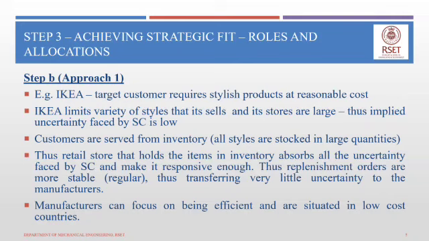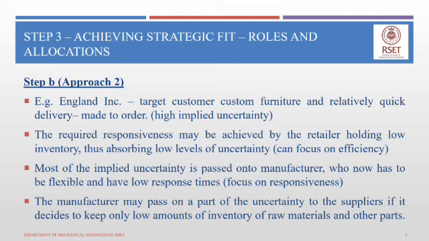Okay, so we'll look at another example of how to achieve the required level of responsiveness. That is, we'll talk about another approach, called approach 2, used by another company. So for the same step, step B, we have another furniture manufacturer who uses an entirely different approach.